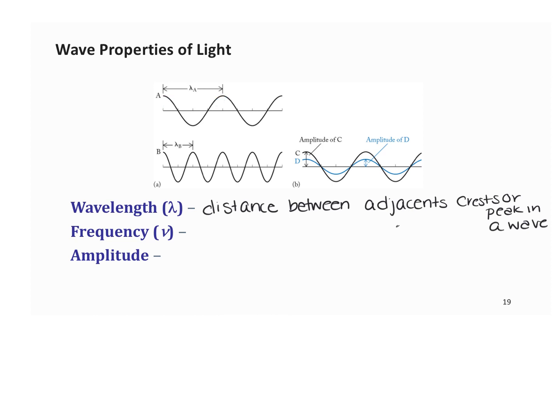It's normally measured in some unit of distance: meters, centimeters, nanometers. Then we can also talk about frequency, which is the Greek letter nu, this V-looking letter. And that's the number of crests that pass a point.